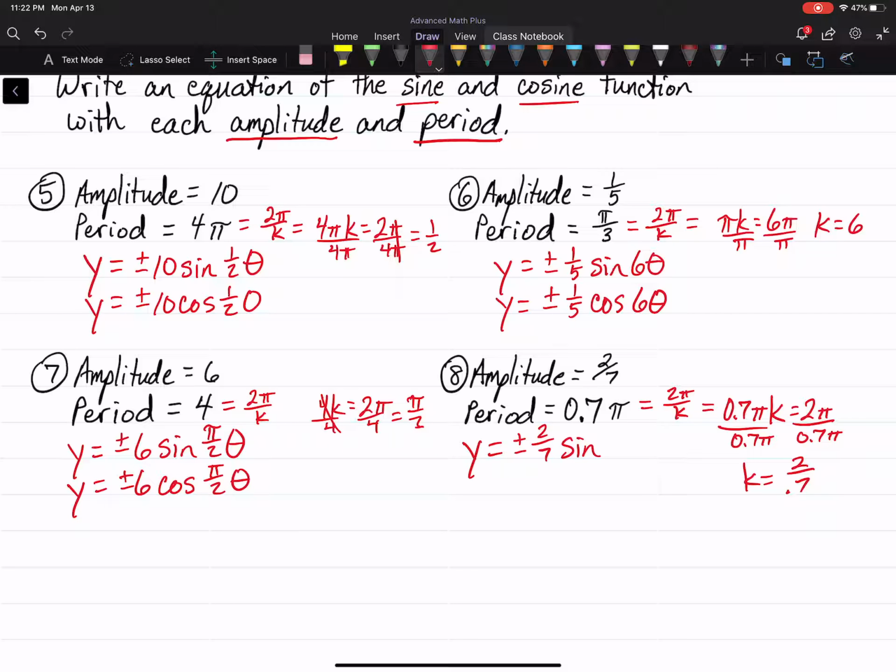To be honest, 2 divided by 0.7, if you change that to a fraction, is 20 over 7. I don't really like putting decimals in my fractions. So 20 over 7 theta. Very simple. Last but not least, you do the cosine, write the same exact thing, but it's cosine of 20 over 7 theta.